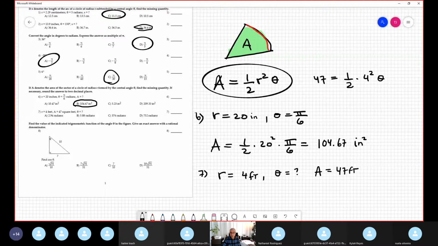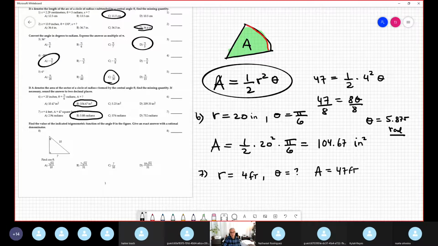So you isolate this: 4 squared is 16, half of it is 8, divided by 8 on both sides, theta is 5.875 radians in decimal.